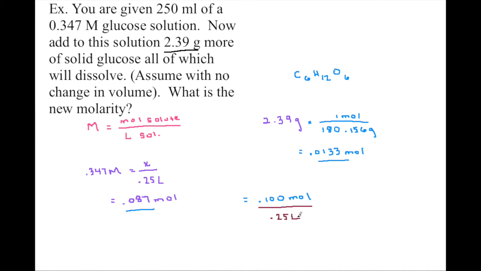And so my new concentration is going to be 0.40 molar. If you did this the other way, by finding what the new concentration would be once you add the 2.39 grams, and then simply added the two concentrations together, you should also get 0.40 molar.